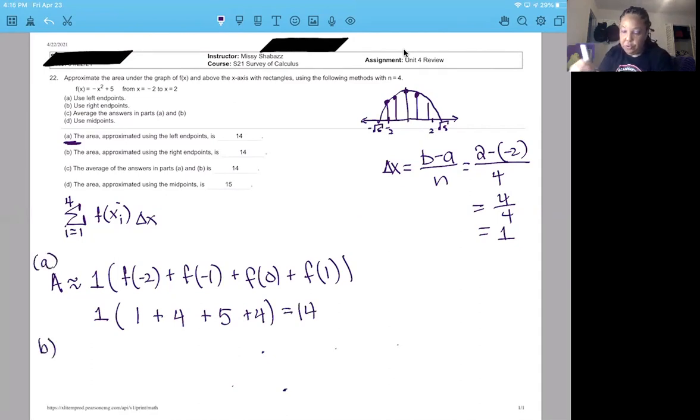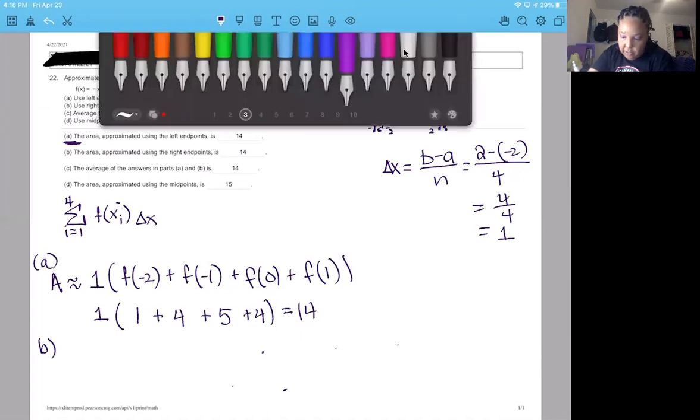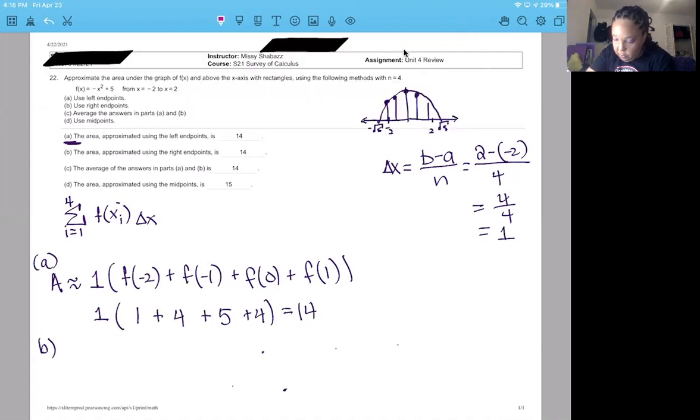Part B says use the right endpoints. So that means I'm going to use this point, this point, this point, and this point. Again, the change in x is still 1.